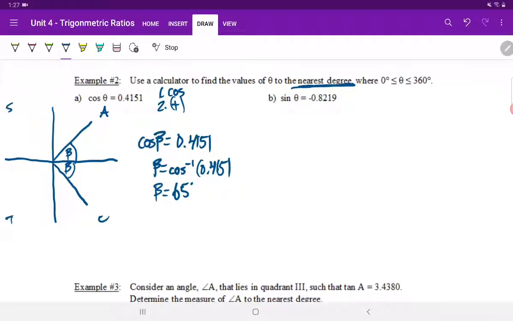And now from there, if I know that this is 65 and this is 65, I can now find theta 1. Theta 1 is just going to be the same as our beta, starting on the positive x-axis to our terminal arm. It's simply going to be 65 degrees. Theta 2 is going to be 360 minus 65.